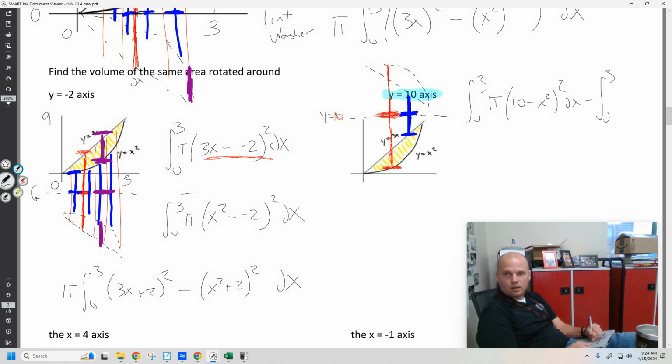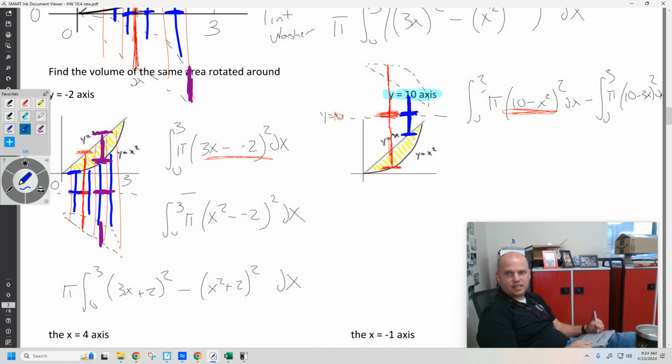And then the blue cylinder's radius is 10 minus 3x. This is the two integral approach where you're doing outsides and insides. If you want to do the washer approach, you're taking this rectangle, spinning it.